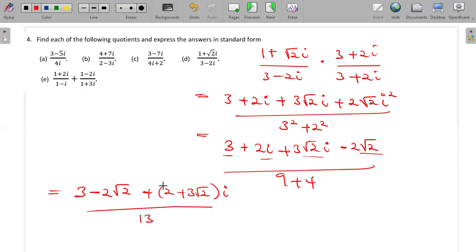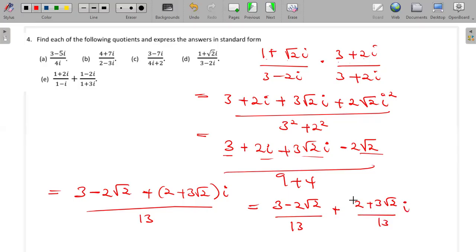So putting this in standard form, you divide: 3 minus 2 root 2 over 13, then plus 2 plus 3 root 2 over 13, and then you have your i.